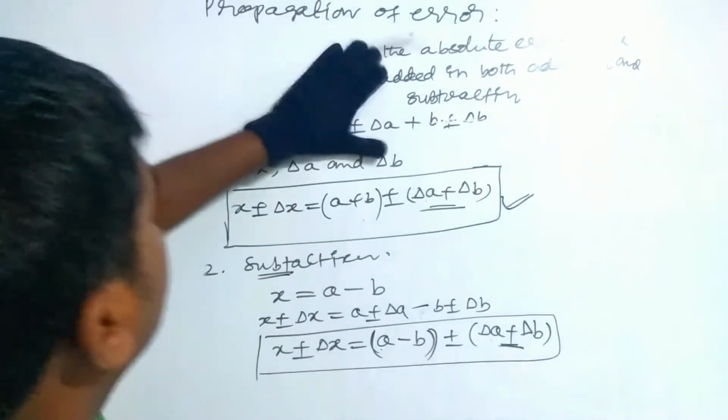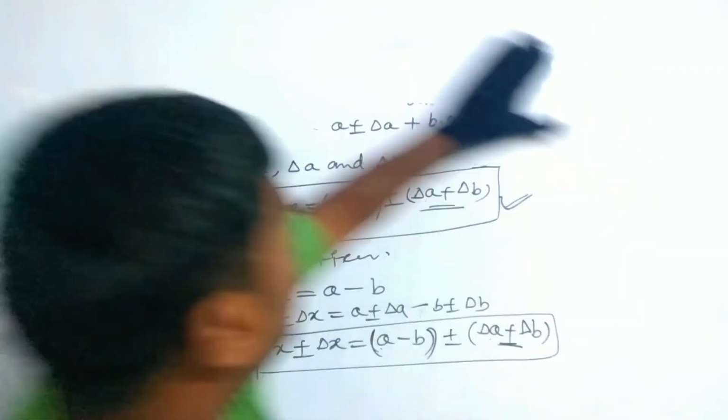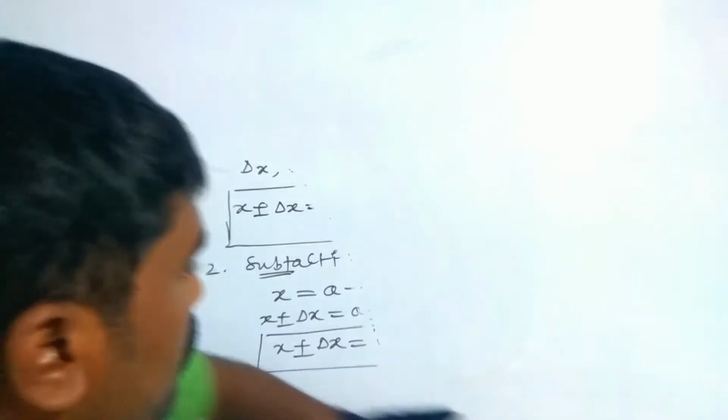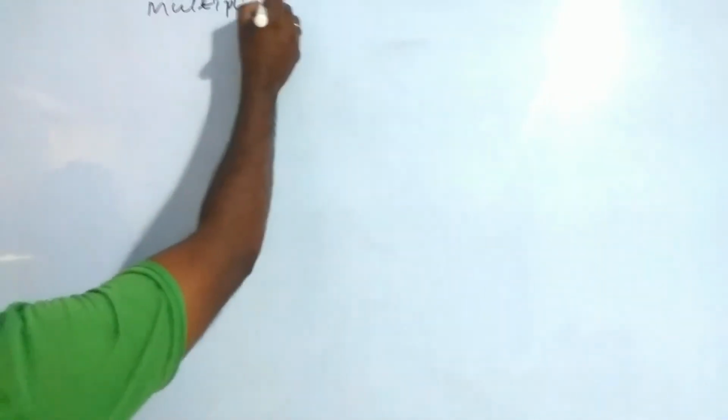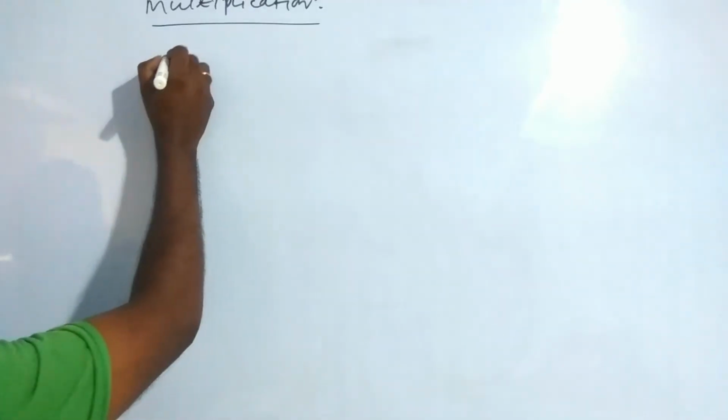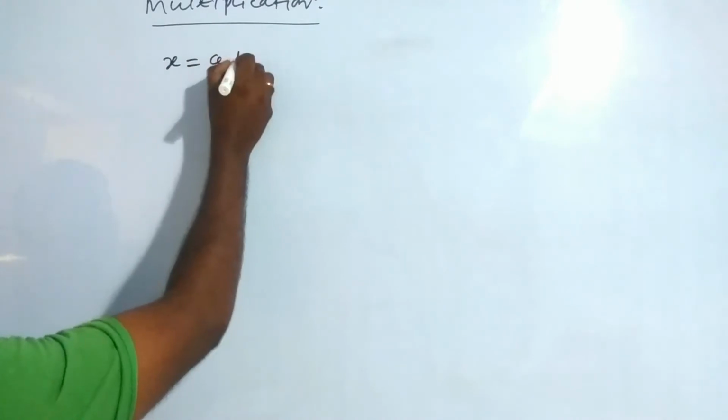Now we have to see multiplication and division. Some examples were given in our previous video, and this was just a recapitulation of addition and subtraction. Now we discuss multiplication. Suppose x is equal to ab, so a into b, that is the multiplication.